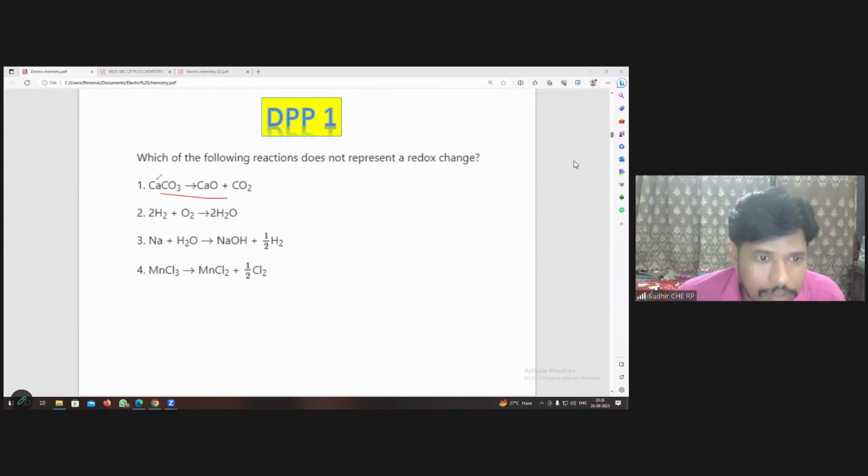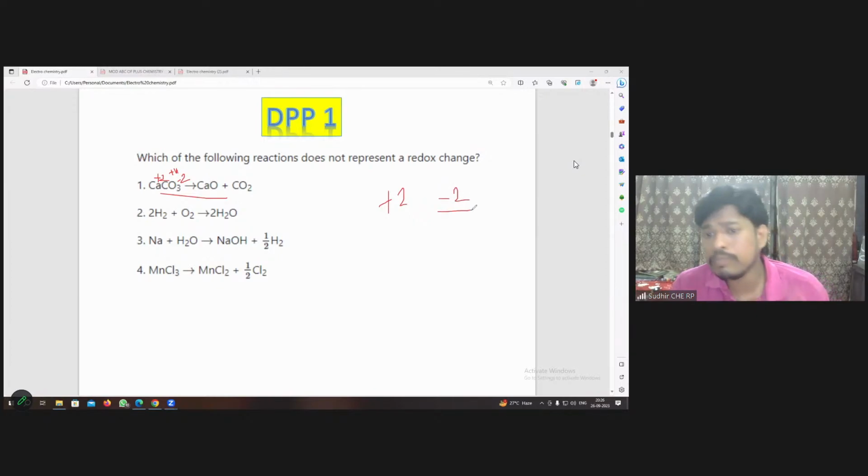According to that principle, here initially before the reaction, calcium is present in +2 form. Carbon is present in +4 form. And oxygen is present in the -2 oxidation state. Or else, directly, calcium is present in +2 form and the carbonate radical altogether is present in -2 form.